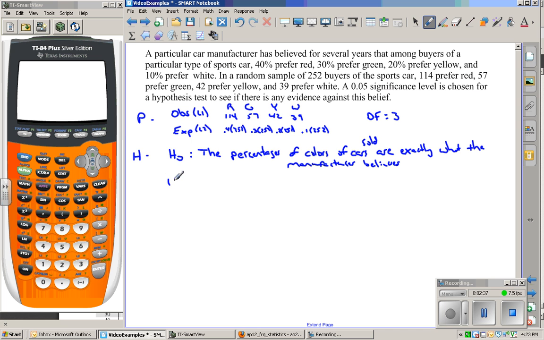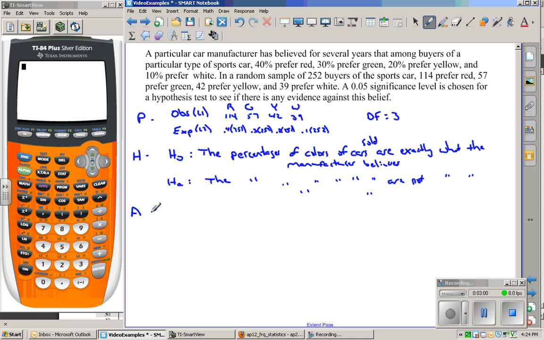And the alternate hypothesis would be the percentages of colors of cars sold are not what the manufacturer believes. Now you should write that out. I'm just being a little lazy because I don't have enough room here.